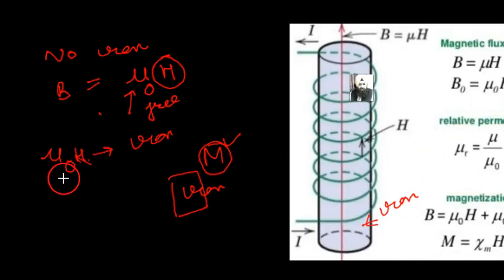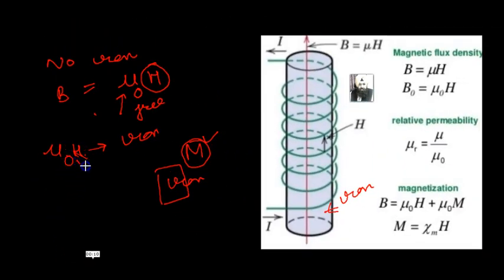Okay, and when M comes in the free space, the field of this iron becomes mu naught M. This was the magnetizing field which is interacting with iron.